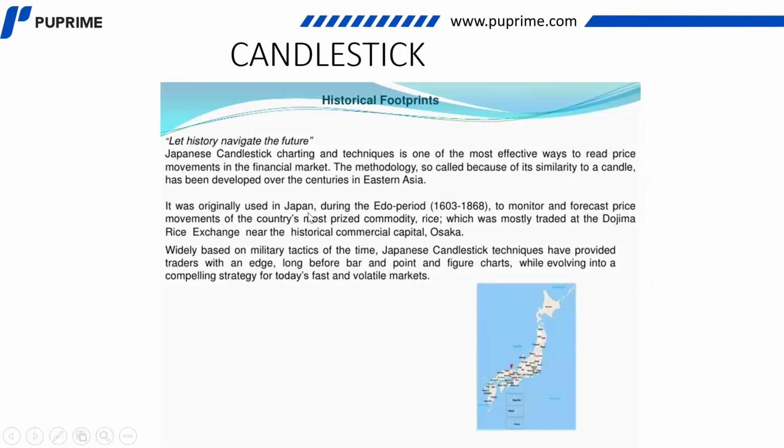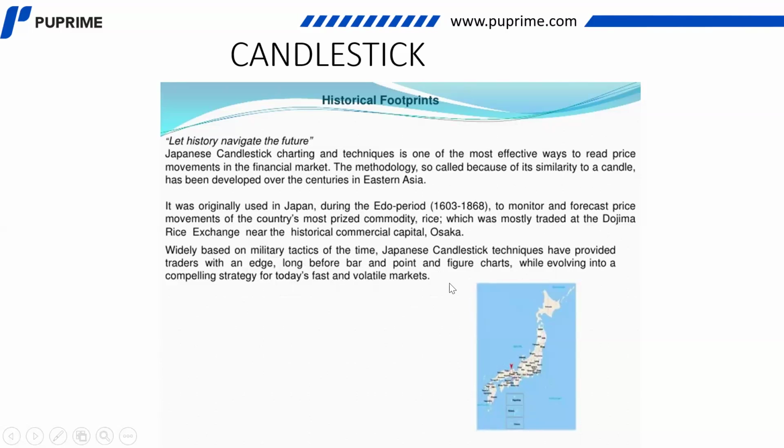It was originally used in Japan during the Edo period of 1603 to 1868 to monitor and forecast price movement of the country's most prized commodity, which is rice, mostly traded in the Dojima Rice Exchange near the historical capital of Osaka. Widely based on military tactics of the time, Japanese candlesticks have provided traders with an edge long before bar and point and figure charts, while evolving into a compelling strategy for today's vast volatile market.